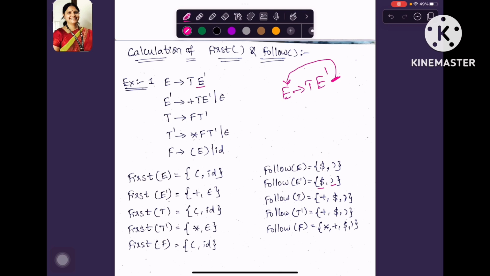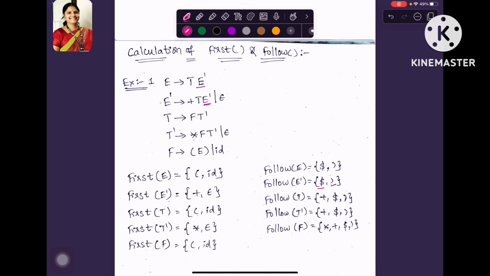For calculating follow of T, we have to find out where the T is present at the right hand side. Again, one more thing, here we have E dash, here also the same production. After E dash also we don't have anything. Again, E dash follow is E dash only, so there is no need to mention the production again.